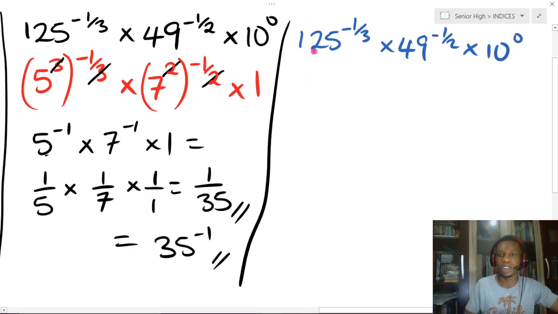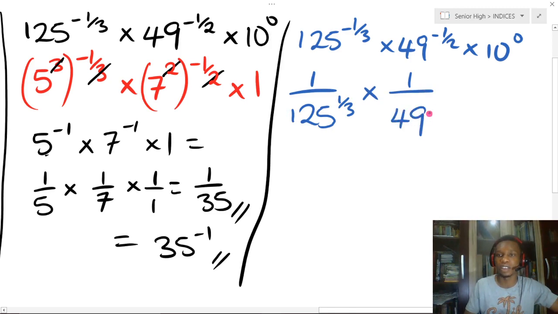Now I can solve this by applying the law from here straight away. So my negative index law tells me I will do what? 1 over 125, raised to the power of 1 over 3, times 1 over 49 raised to the power of 1 over 2, and then times 10 raised to the power of 0 is 1.